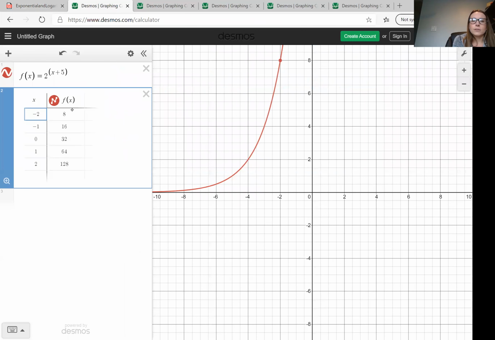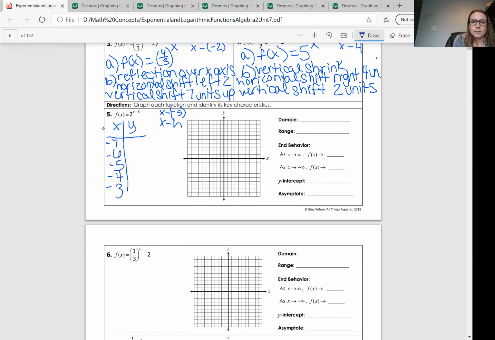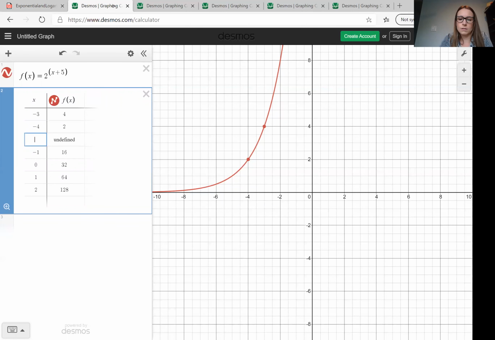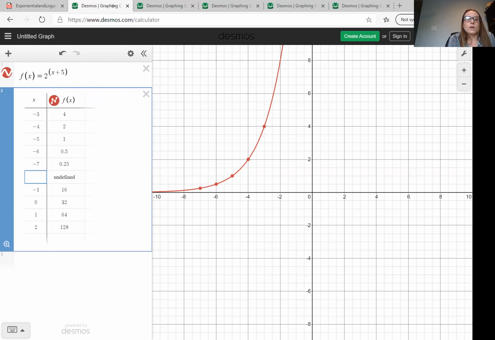I know negative 2 is 8. Oh, I didn't even do negative 2. All right, let's type these in. Negative 3, don't worry about the numbers underneath, negative 4, negative 5, negative 6, and negative 7. Hopefully you can't hear my son screaming in the background.